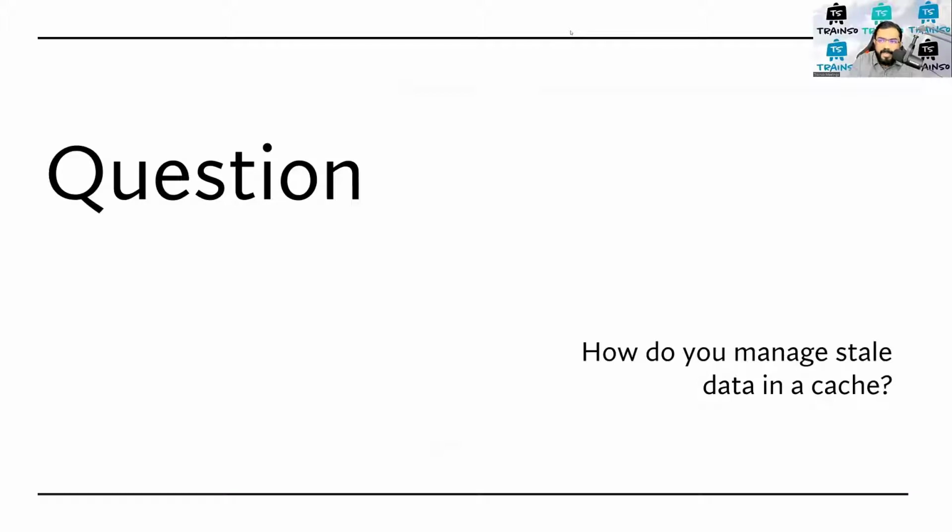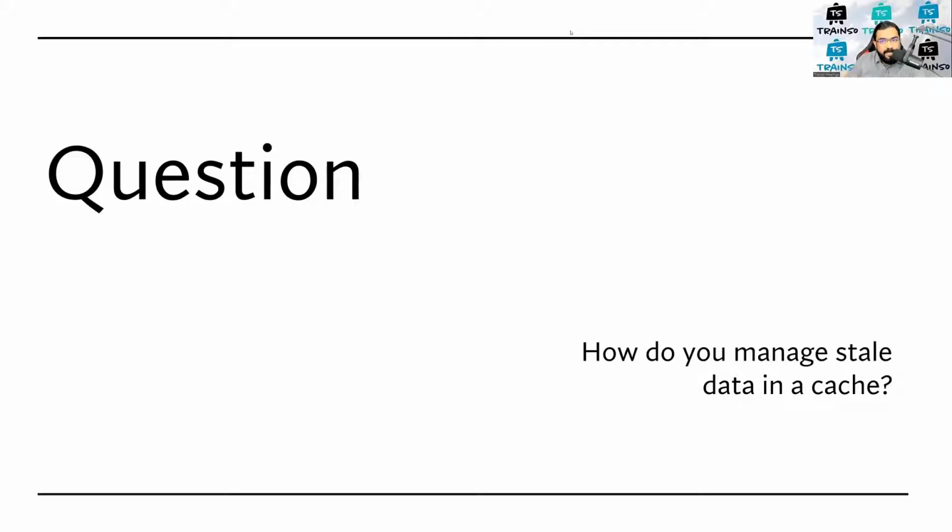Quick question. How do you manage stale data in a cache? What do you mean by stale data? I am going to the cache and cache is not having a value for a data, and this cache will get the data from database, and from then I am only looking into the cache. So what if the data changes in the backend, or what if the cache becomes full? What will you do?